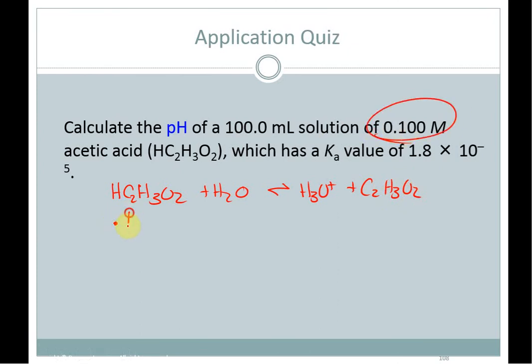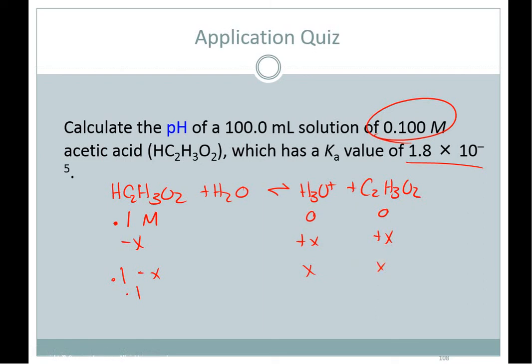So we know that initially we have 0.1 molar, 0 and 0, minus X, plus X, plus X. When we look at this value, we have to consider the fact that 0.1 is a little bit larger than this 1.8 times 10 to the minus 5. And so we can really discount this x and just say that this is 0.1, this is x, and this is x.